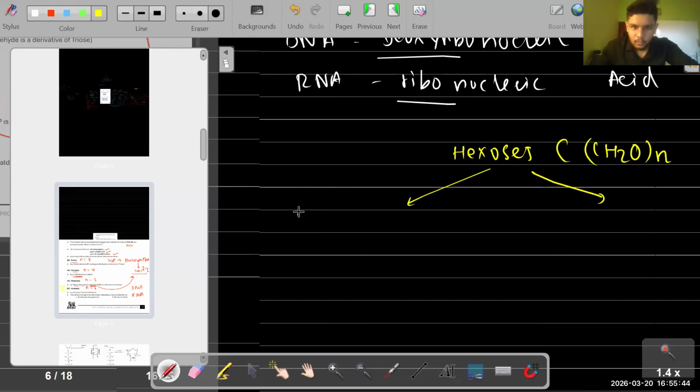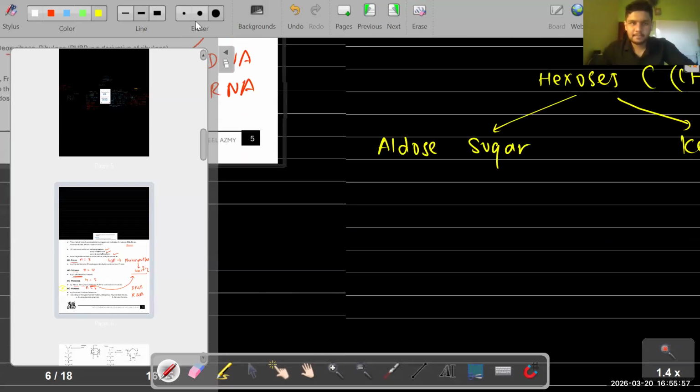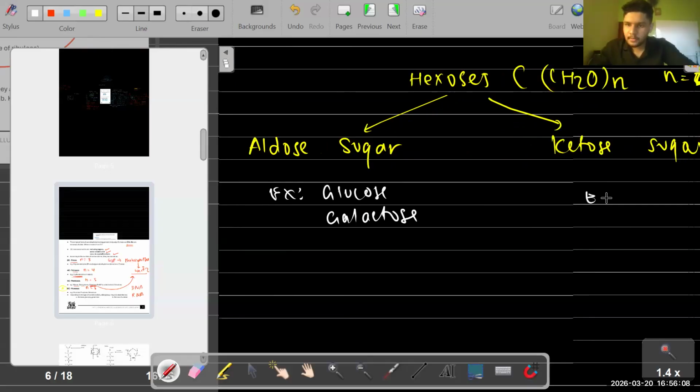What are they? One, aldose sugar. The other one is ketose sugar. For aldose sugar, they have given two examples: glucose and galactose. Ketose sugar, one example, which is fructose.